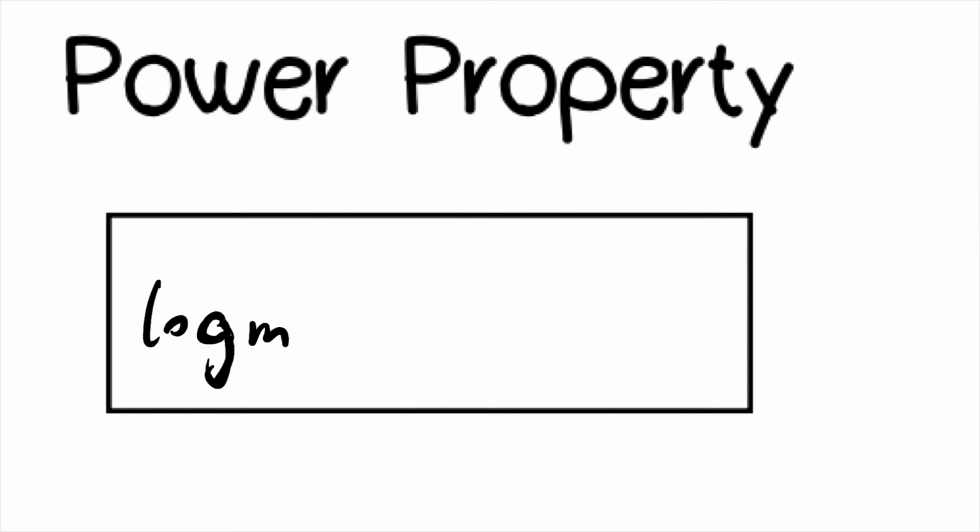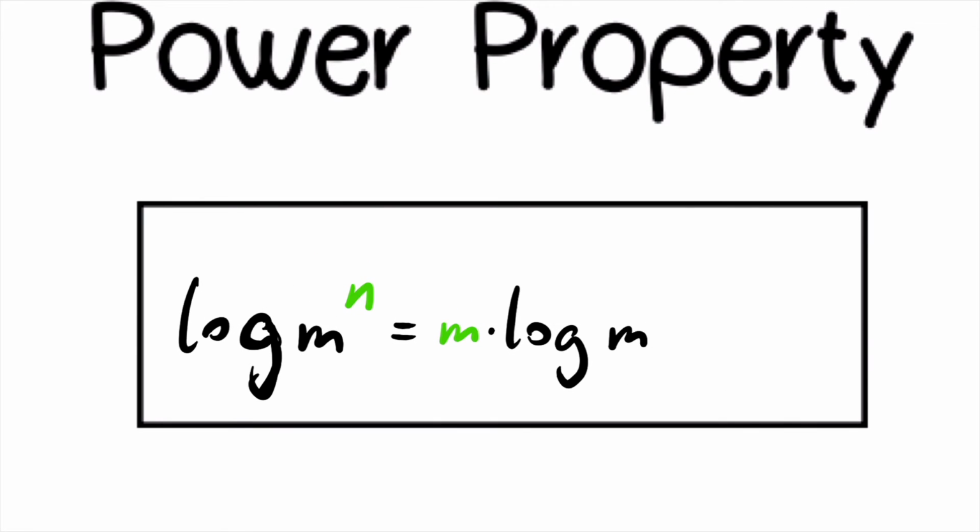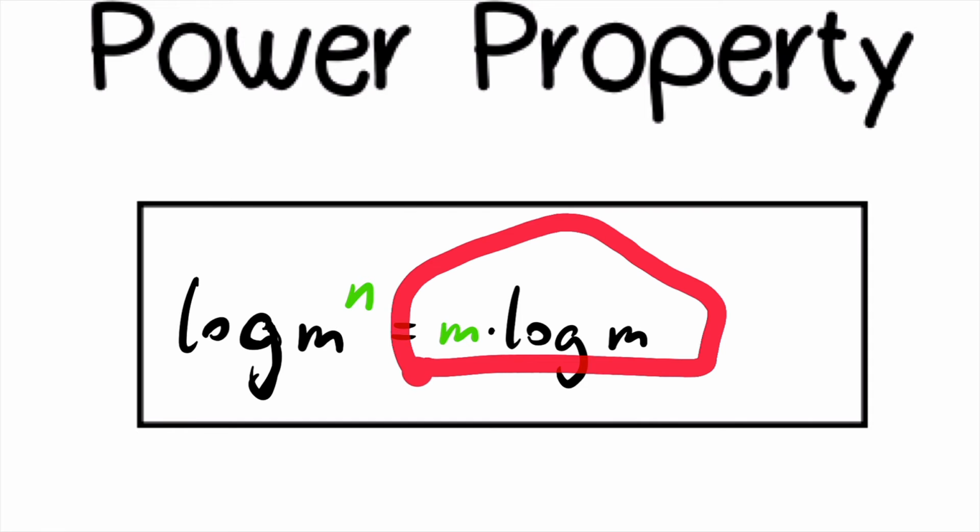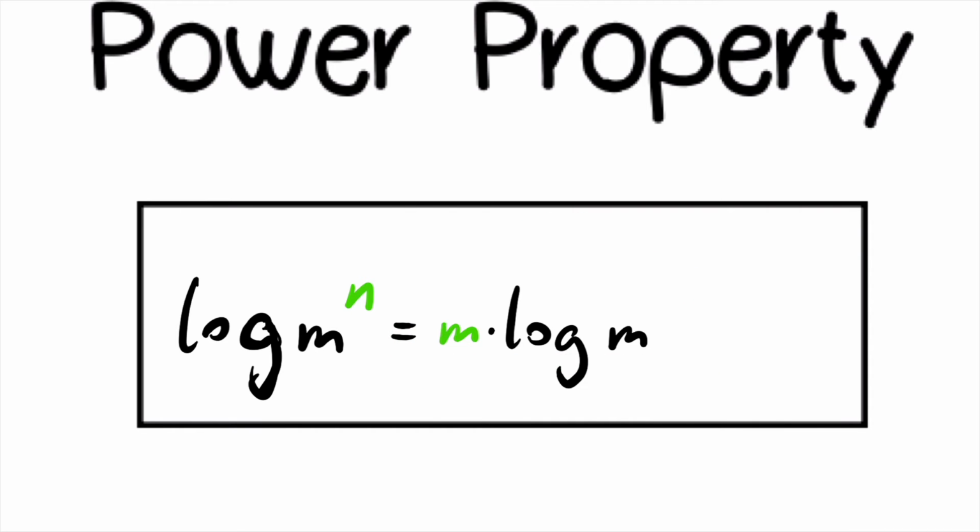Okay, so this one we have a power, an exponent. On the expanded side, there is no exponent. Oops, it should be m. Sorry. That should be an n.